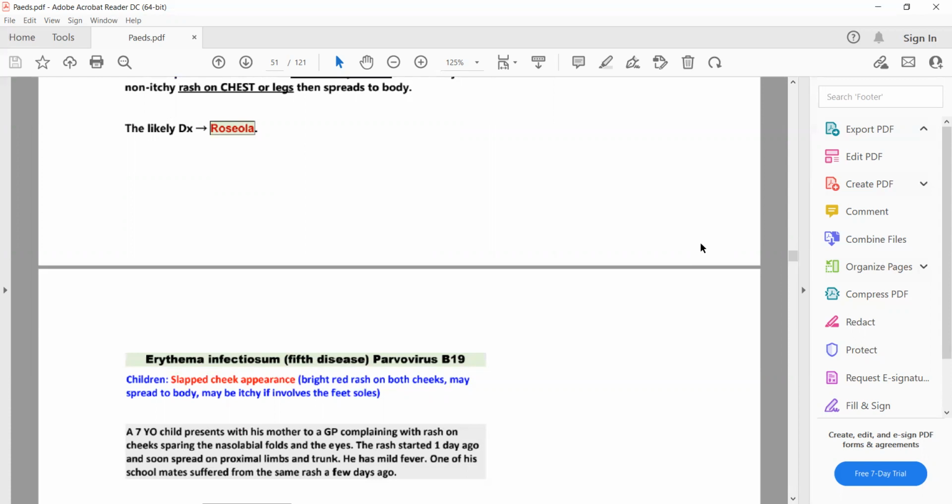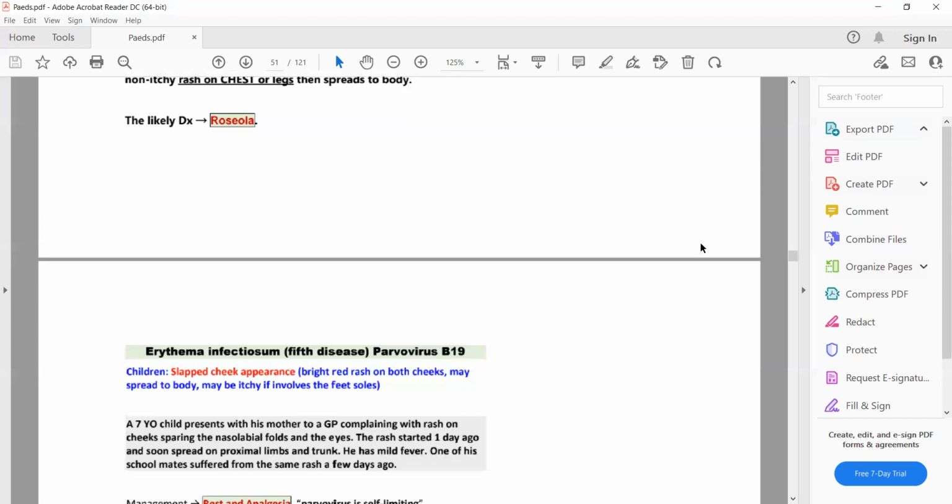What is the diagnosis? Erythema infectiosum, parvovirus. Yes, parvovirus B19 or slapped cheek syndrome.